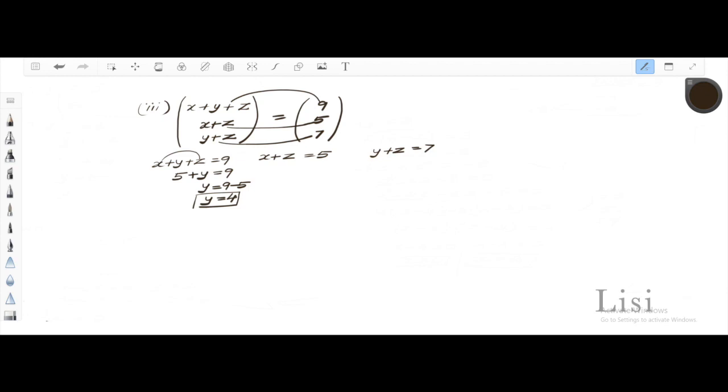And coming over here, y is 4, isn't it? So you come to the last one. Y plus z is equal to 7, and in the place of y, you put 4. Plus z is equal to 7, that is z is equal to 7 minus 4, and your z is equal to 3 now. Okay, come to the center one, x plus z is equal to 5.